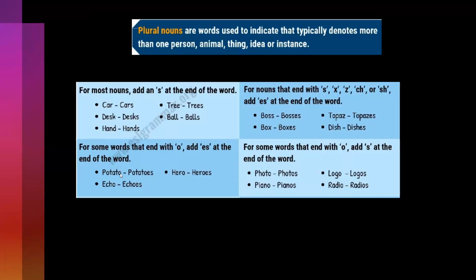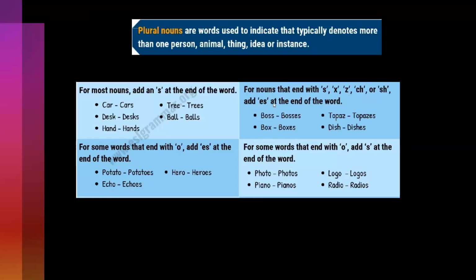But if the noun ends in O, we add ES. Potato, potatoes. Hero, heroes. If the noun ends in one of these consonants, then you have to add ES, and the ES sounds /iz/.